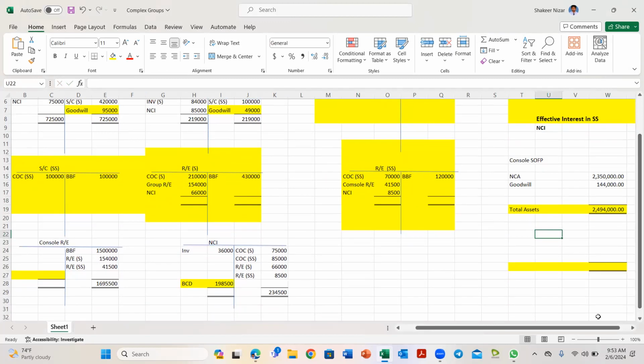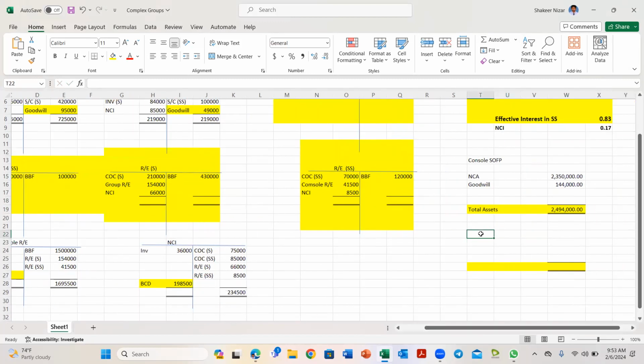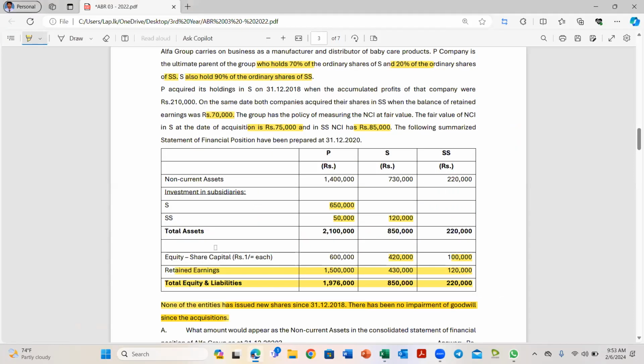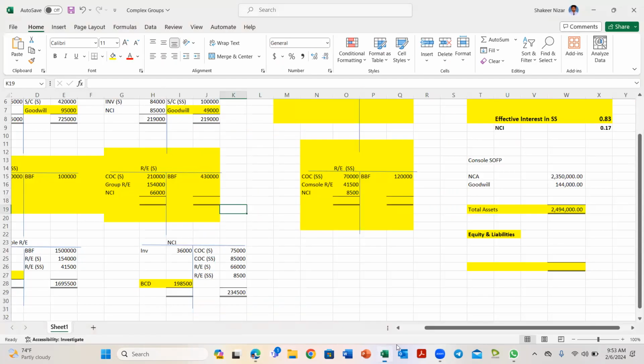We have equity and liabilities. Here the investment done. Share capital 600,000. The parent portion only we are recognizing, the stated capital, parent portion. And we have the consolidated retained earnings.